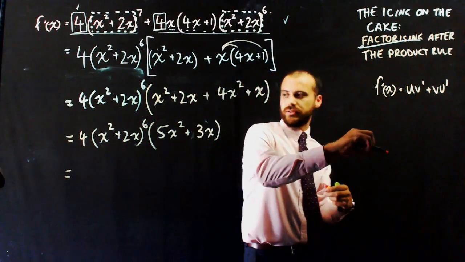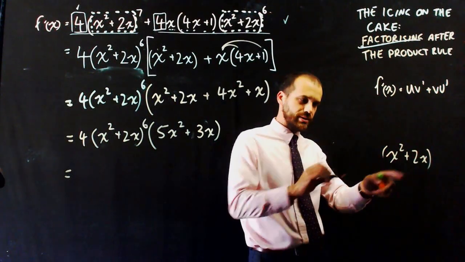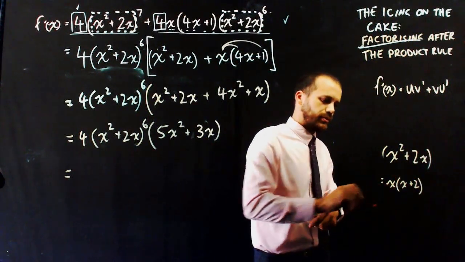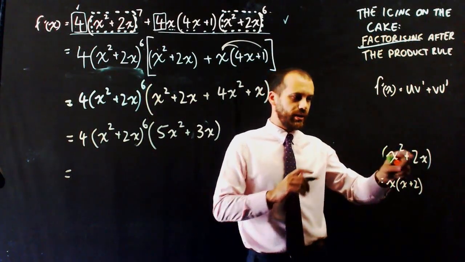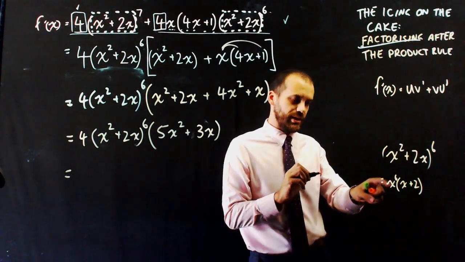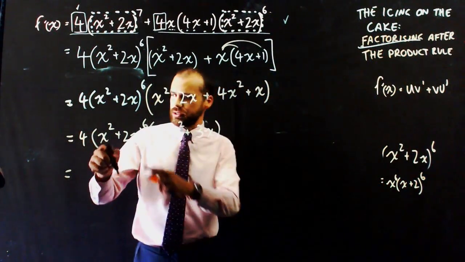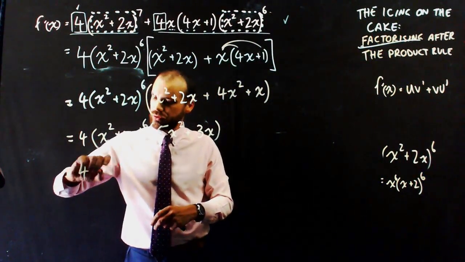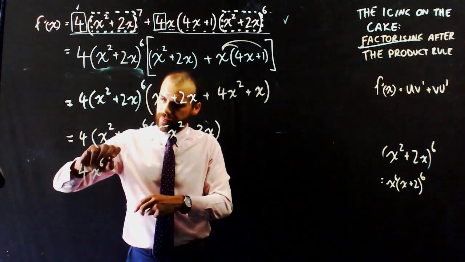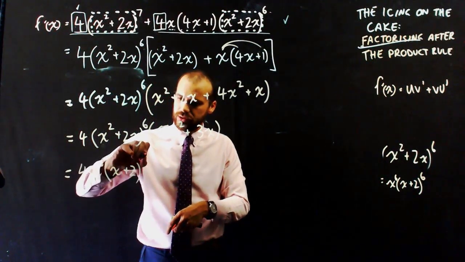So if you've got x squared plus 2x, the common factor is just x. But if you've got x squared plus 2x to the power of 6, then the common factor that comes out the front is x to the 6, and that's also raised to the power of 6. Alright, so I can move 4, and then I can take x to the 6 out, and that's going to leave me with x plus 2 to the power of 6.